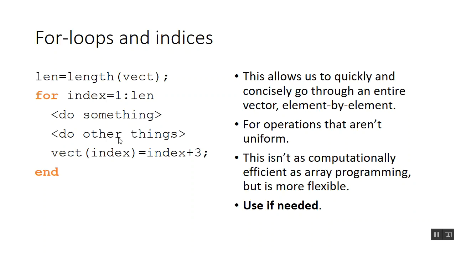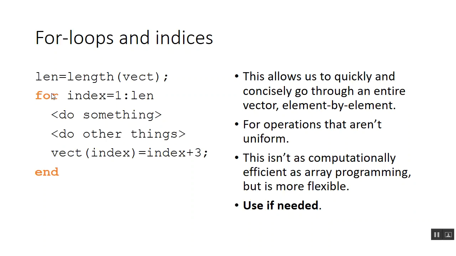So I put a little sample of code here. Len equals length of vect. We're assuming that vect is some vector, and we compute the length of it, so how many elements are there, and we put the value into len, and then we say for index, a new variable, equals 1 colon len.